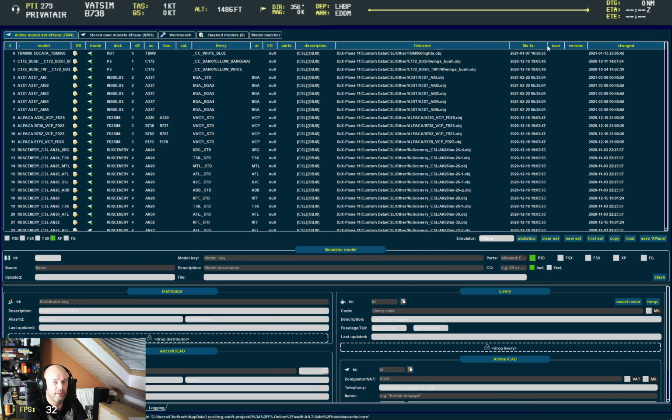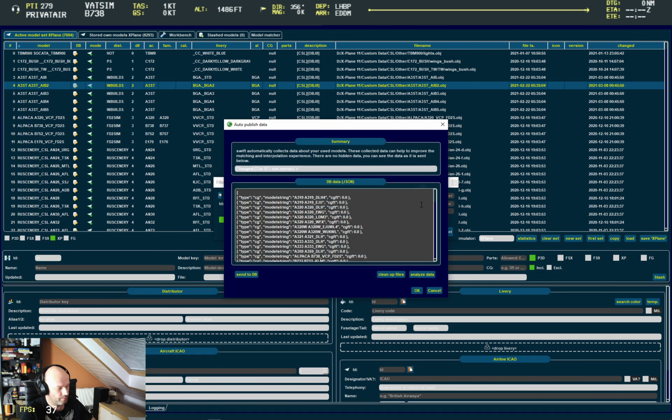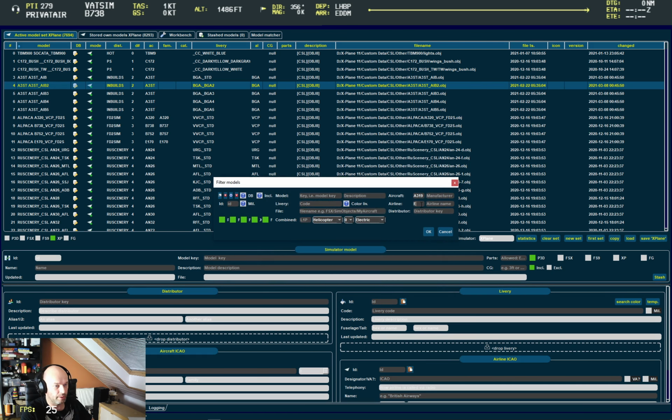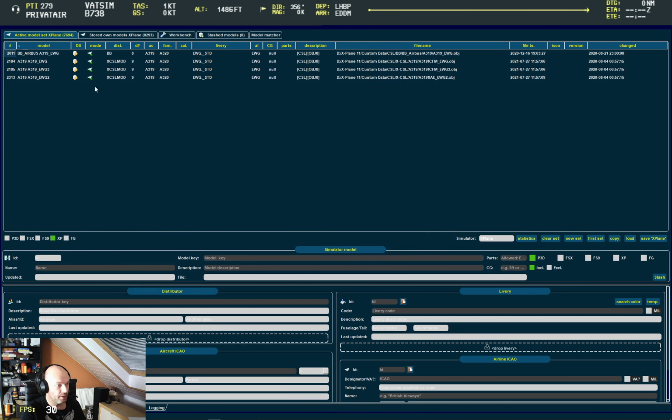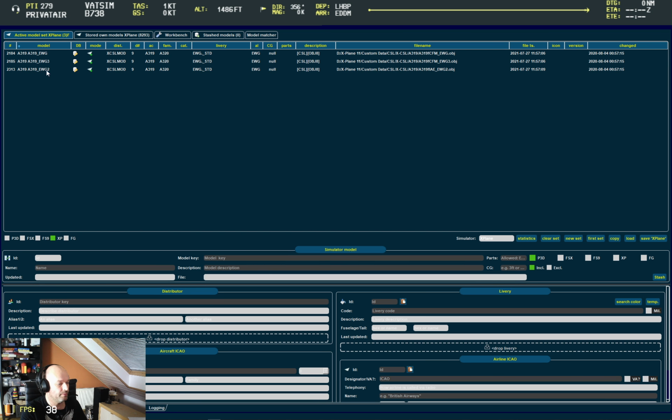For X-Plane, I'm using both the Bluebell CSL models and as well the X CSL models. So one more time, Control F, Airbus 319, Eurowings, and then OK. And now I select this one. Here, remove selected rows. I pushed the wrong button before. So remove selected rows, this is gone.